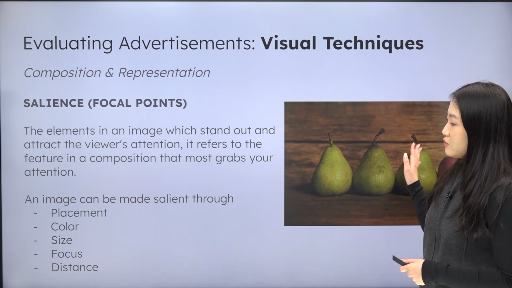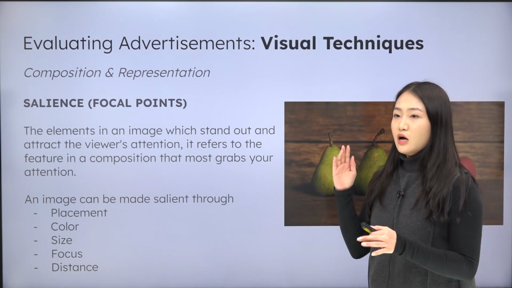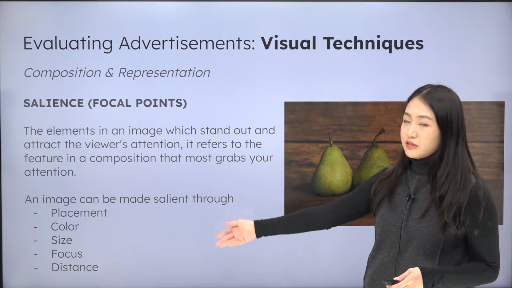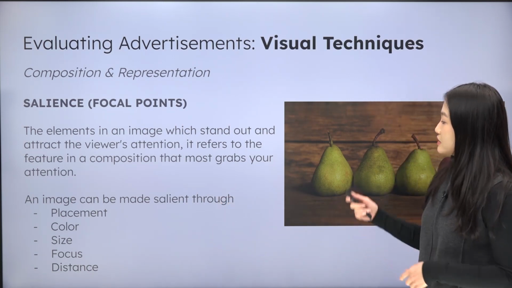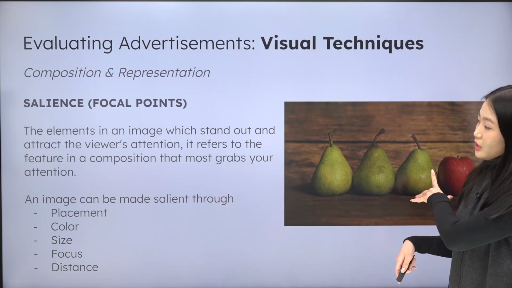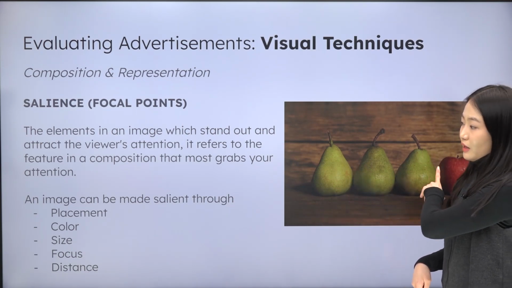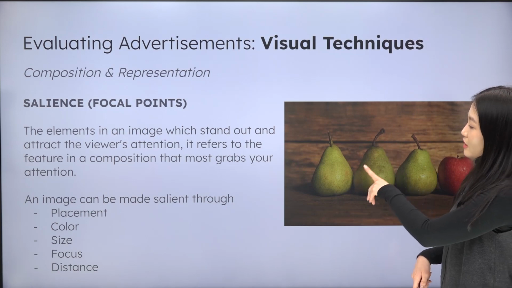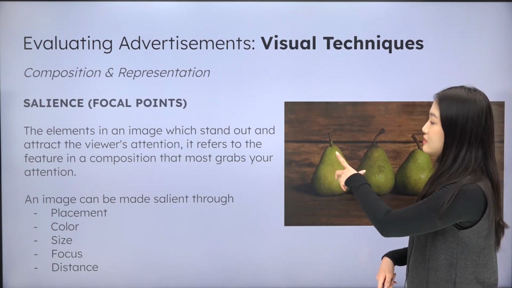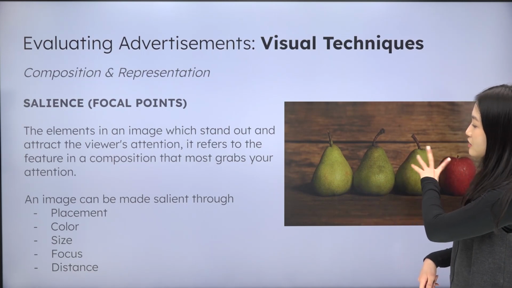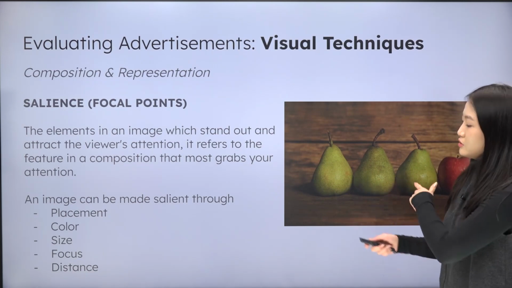This focal point or salience could be built through placement, color, size, focus, and distance. As you can see here, it's not only color that builds salience, it's also the way it is in a straight line, and also the fact that the color of the pear blends in with the background brown color, while red is unlike anything else in this image.